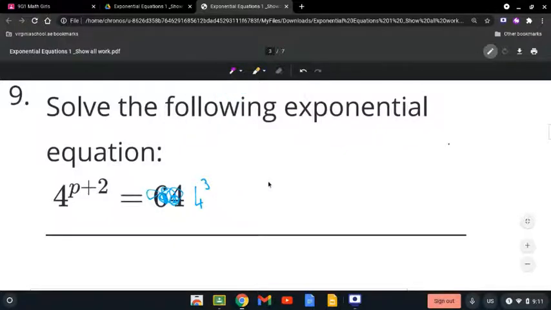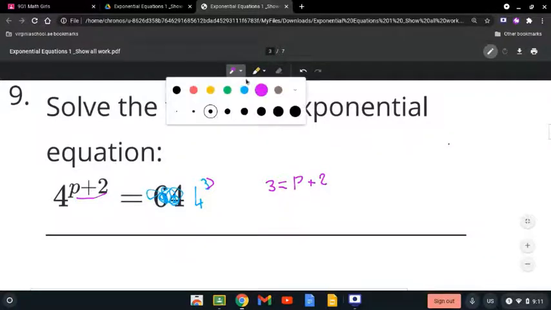So again, now we're just paying attention to the exponents. We're writing the exponents. 3 equals p plus 2. So we want to leave p alone.